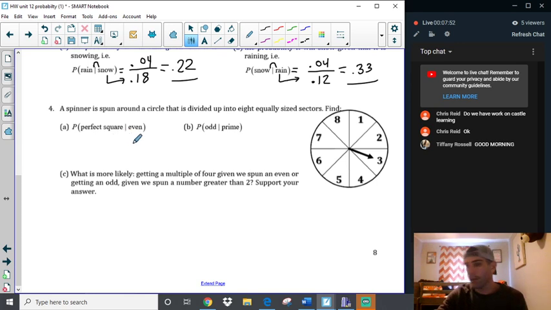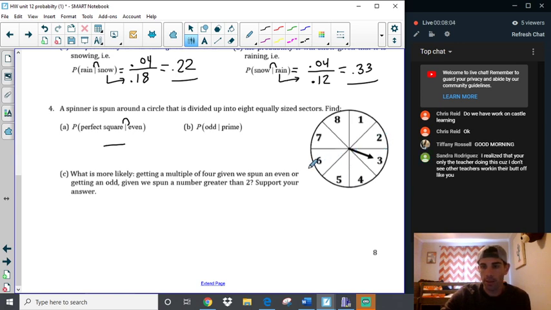Okay, so a spinner is spun around in a circle divided into 8 equal sections. Perfect square and even, given that it's even. So if I look here, 2, 4, 6, 8, that's the number on the bottom. 2, 4, 6, 8, that's my even.